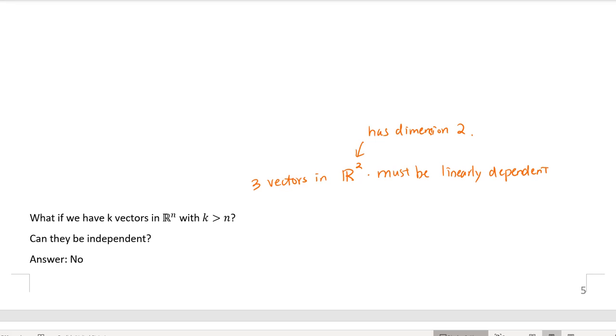So the basis only contains 2 vectors. So if you have 3 vectors, then one of the vectors must be a linear combination of the other 2 vectors. Similarly here, if k is bigger than n, then some vector must be a linear combination of the other vectors. So can they be independent? No, they are dependent.